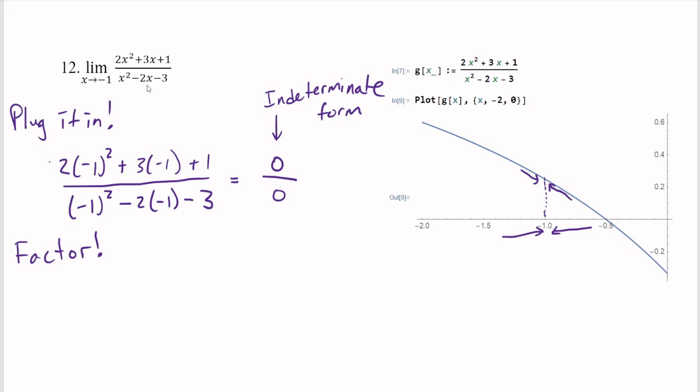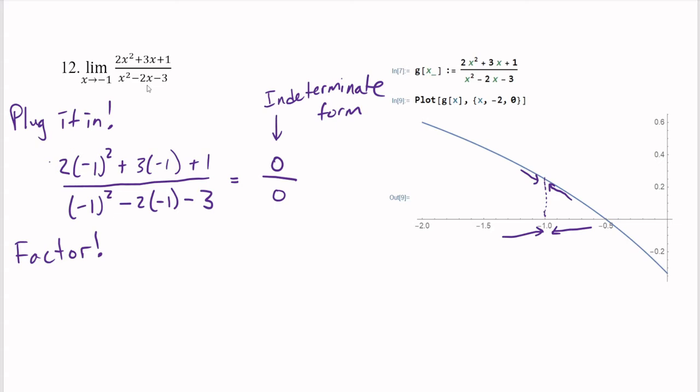But wait, if there's a piece of the top polynomial trying to drag me to 0 and a piece of the bottom polynomial trying to drag me to 0, won't those cancel out? Couldn't those cancel out? And if that's the case, then whatever is left over after I do this factoring is actually what's going to happen with this rational function.